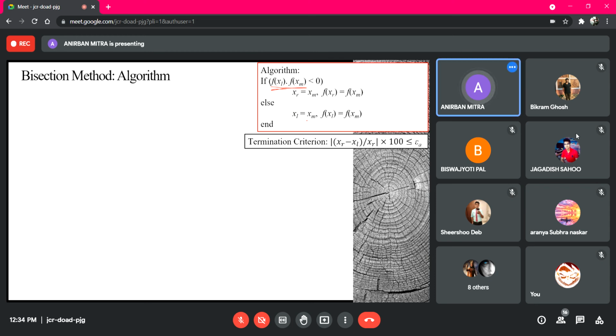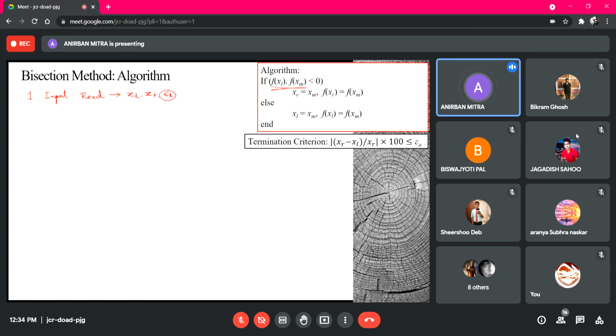So now let us consider a basic algorithm that can be developed for this bisection. Of course, we start with step 1. Step 1 is take input. In this input, you will read the parameters, quite obviously XL and XR, and let's say epsilon t.